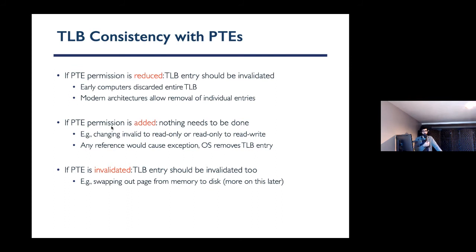So if the process wants to write, the hardware is going to say, no, you don't have that access, and raise an exception. And when the exception happens, the operating system gets involved. The operating system could tell hardware that everything is fine, update the TLB, and let the process go. So you don't need to get involved immediately. You can wait and see if the program ever writes, uses this new access, and when that happens, you can manage it.